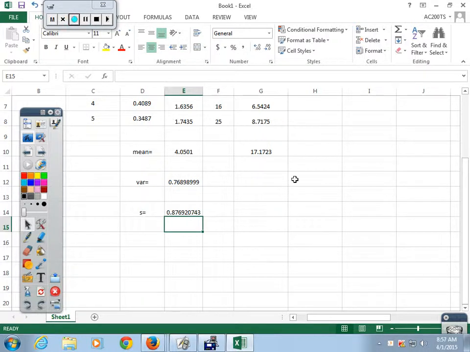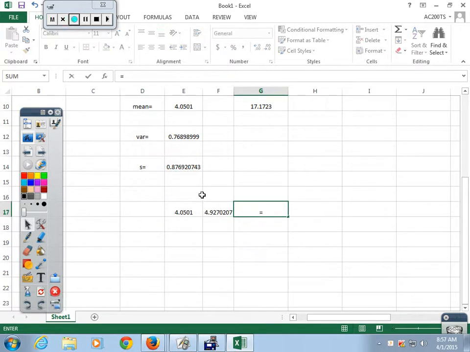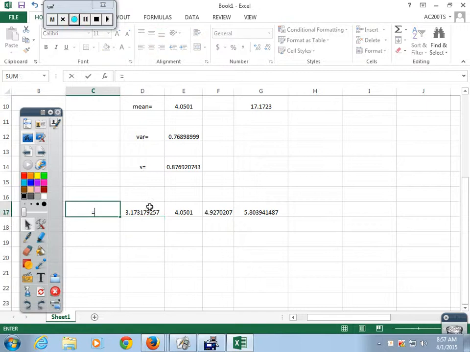And now you do your normal distribution, which is equal to the mean, and then equals this plus that, equals this plus that, equals this minus that, and equals this minus that.